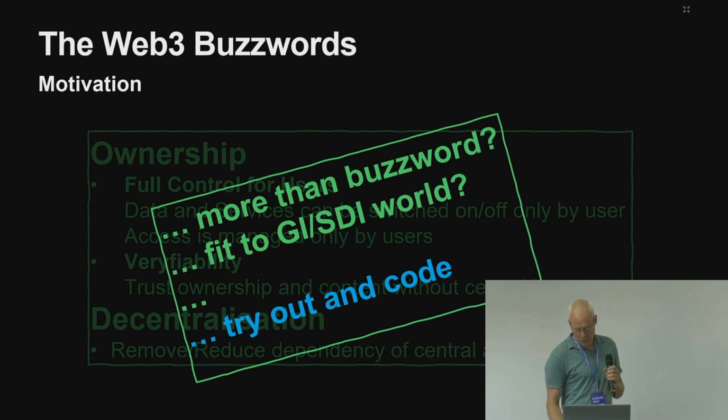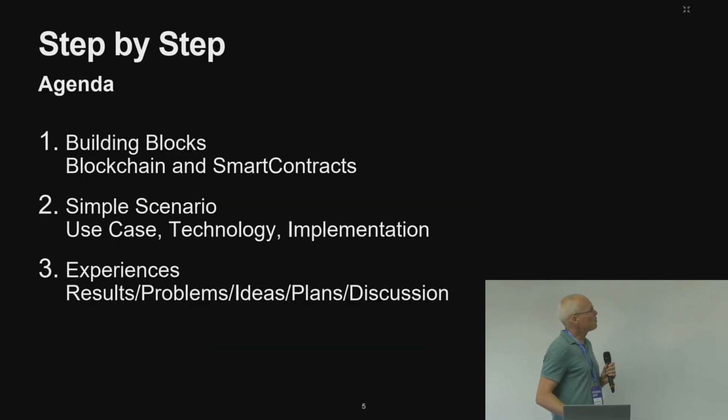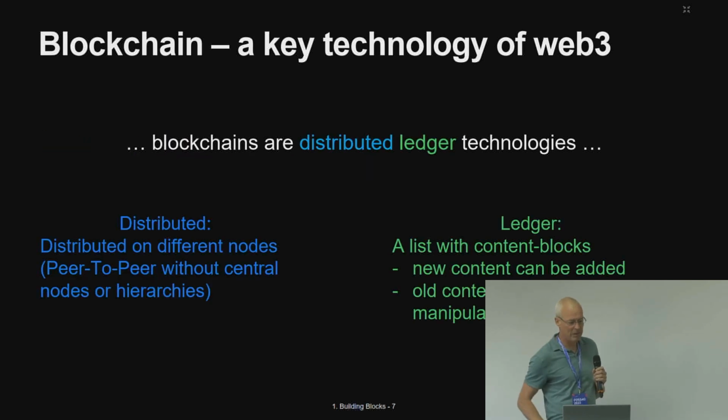I want to go with you step by step through this test case and how it all went. So first these building blocks, so what's blockchain, etc. Very short. My setup, my simple scenario, and then my first experiences. And as I said, first experiences, it's not done yet.